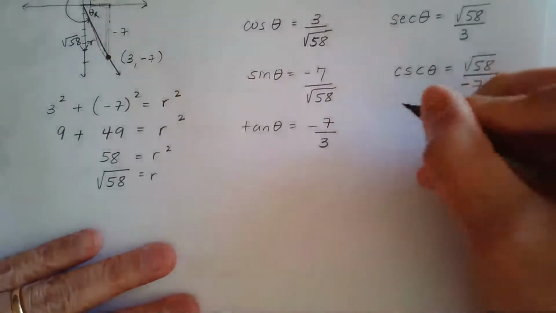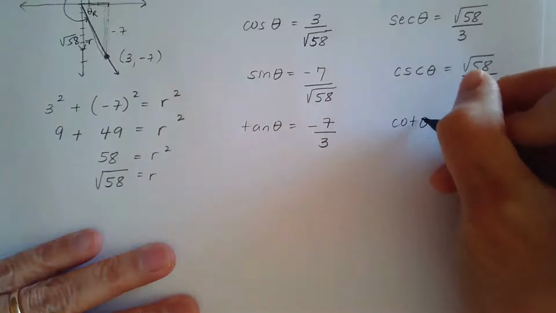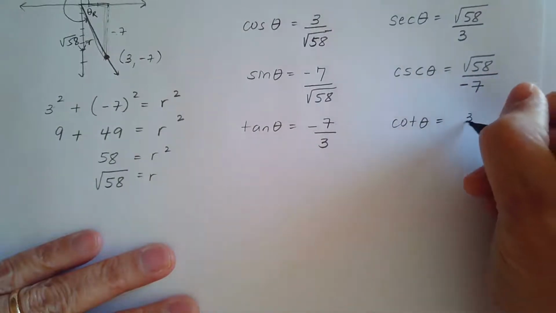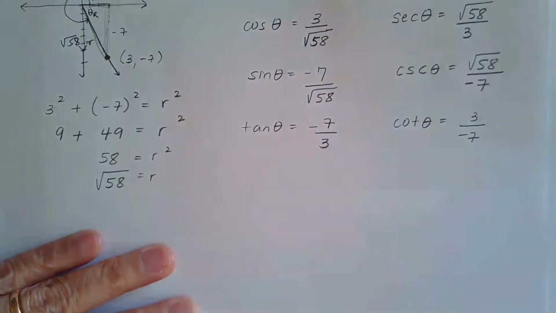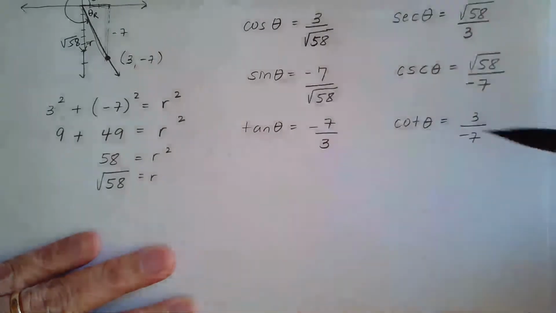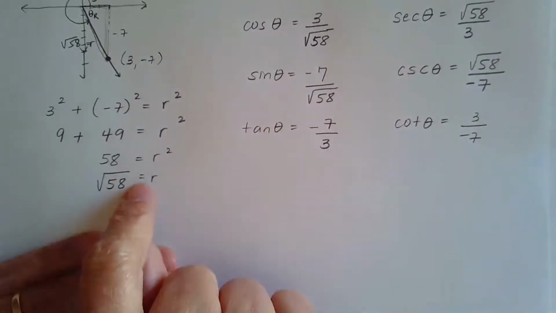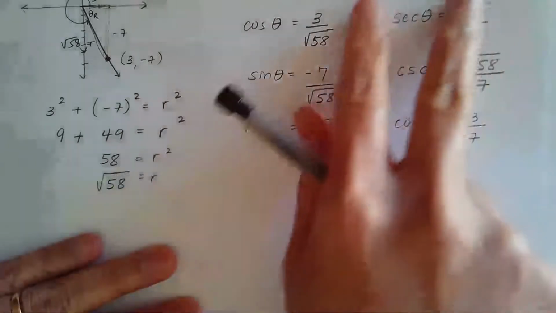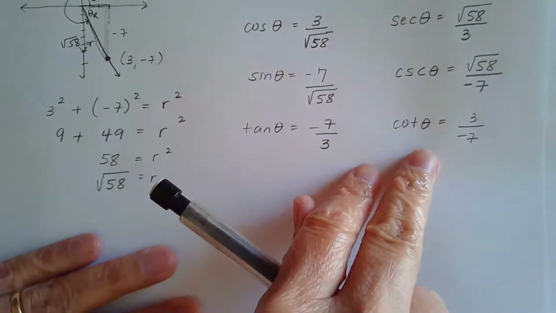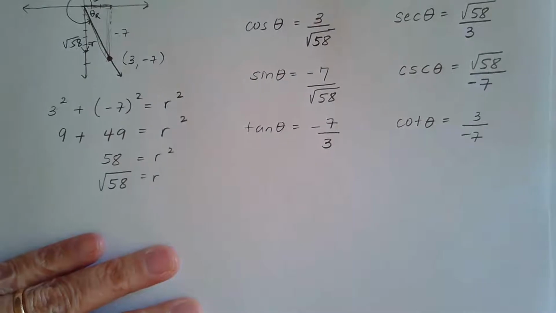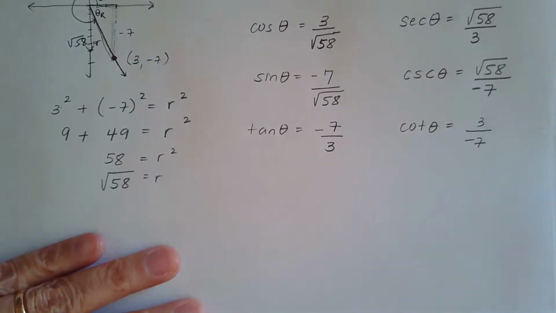And then cotangent theta is equal to 3 over negative 7. So that one is not so bad. It's pretty straightforward. We just had to figure out the r first, and then now we can state the 6 trig ratios.